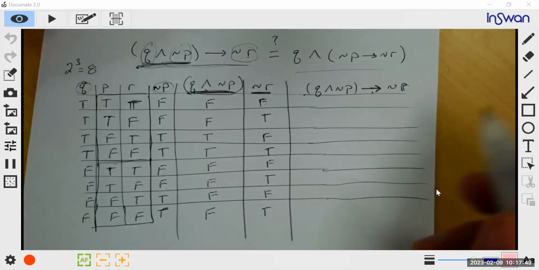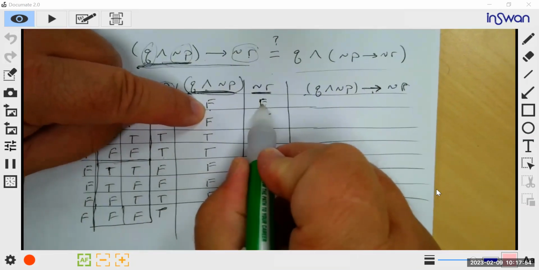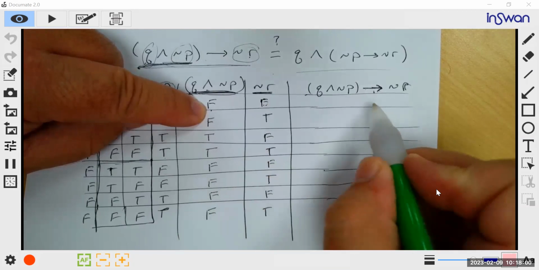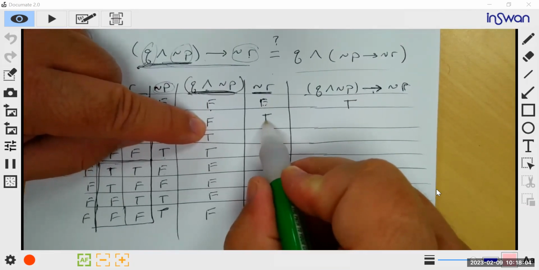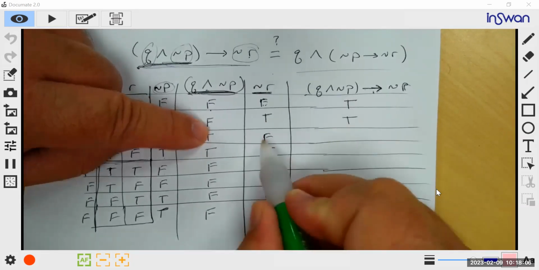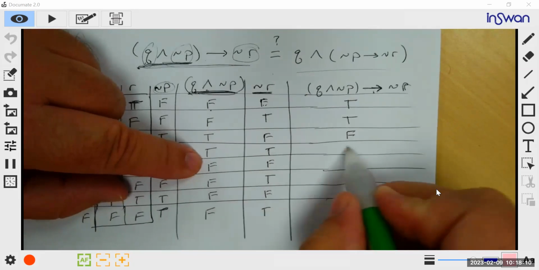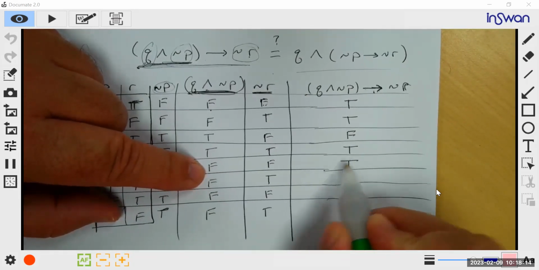All right, so if false, then false. Are we losing ground? No, so it's true. If false, then true. True. If true, then false. True, then true. False and false.